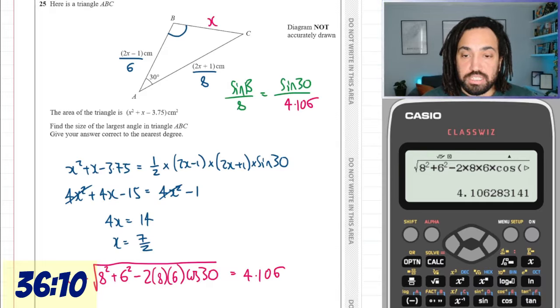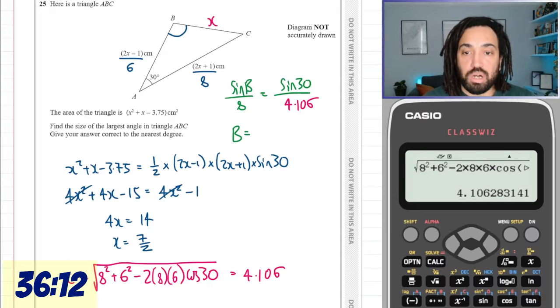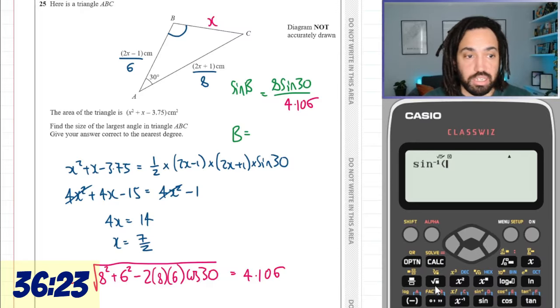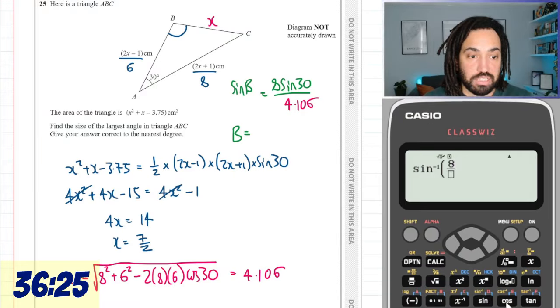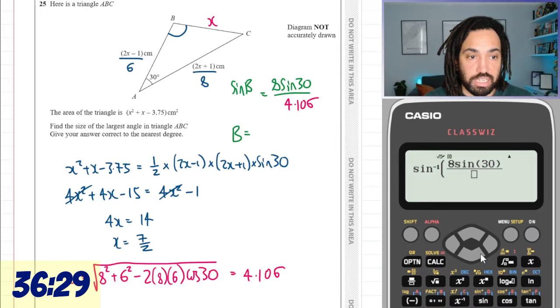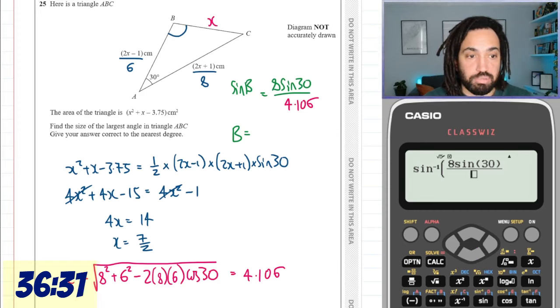So to find B, let's just do it in one big motion here. I'm going to times this up by 8. And then we're going to take the inverse sine of that fraction. So inverse sine of the fraction of 8 times sine 30, close brackets, over the previous answer.